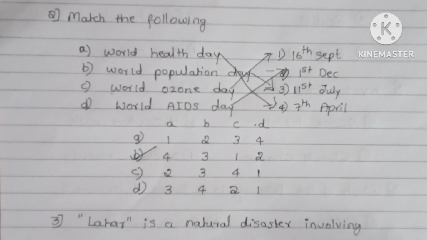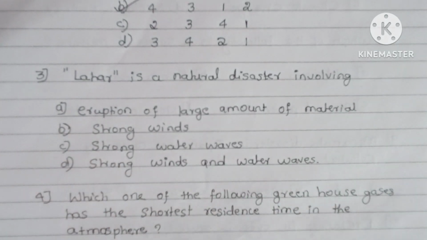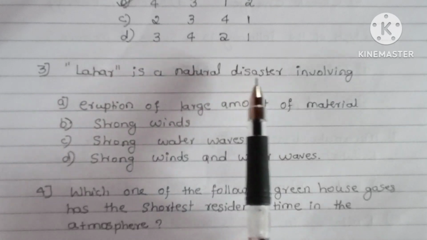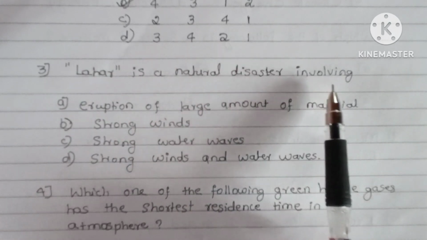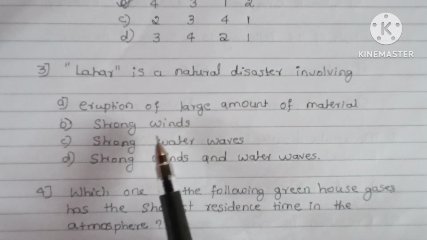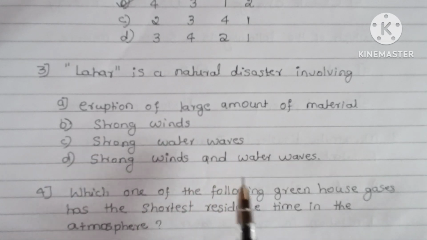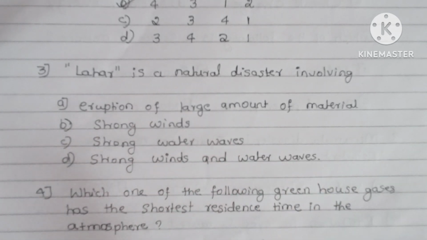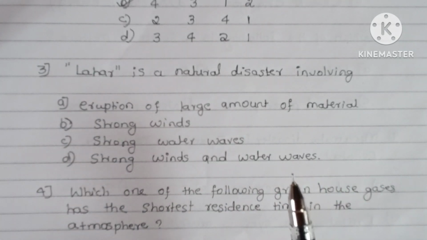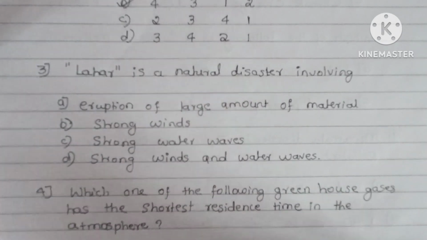Next, come to the third question. Lahar is a natural disaster involving eruption of large amounts of material, strong winds, and strong water waves. What is Lahar? Lahar is a natural disaster involving eruption of a large amount of material.